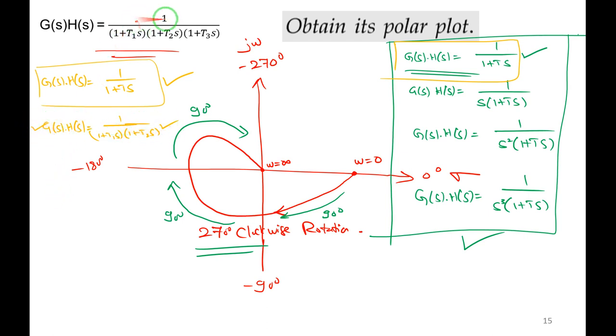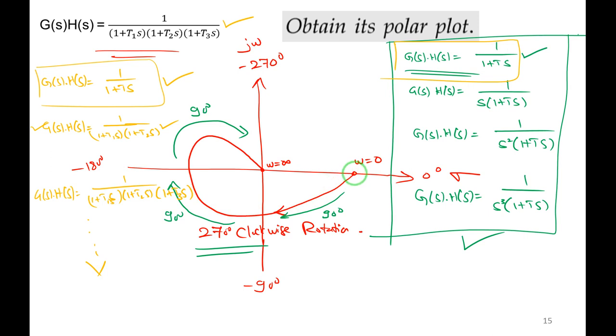Next, this one, third one, so let me write it here for continuation: 1 divided by 1 plus t1s into 1 plus t2s into 1 plus t3s. Similarly, it continues and so on. So 90, 90, 90, 270 degrees here.